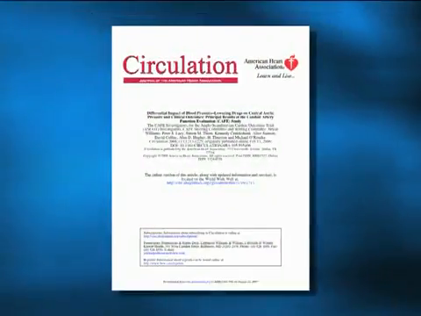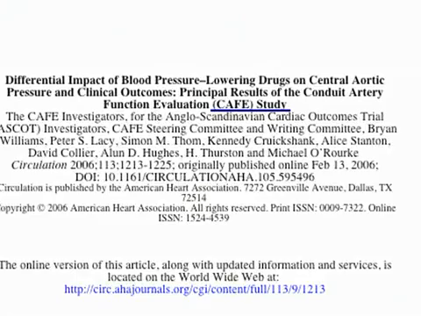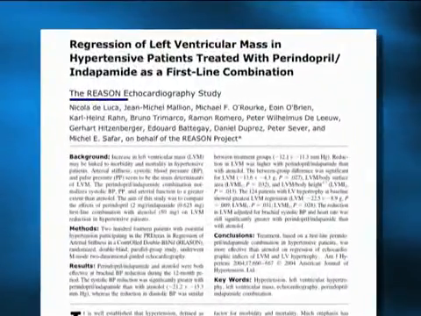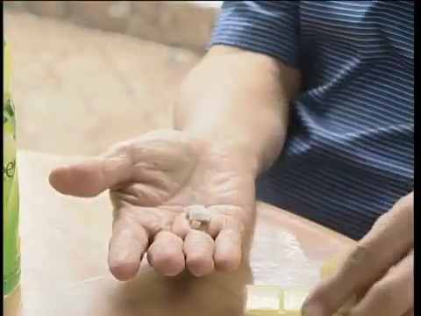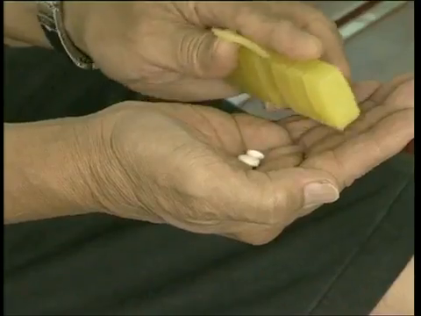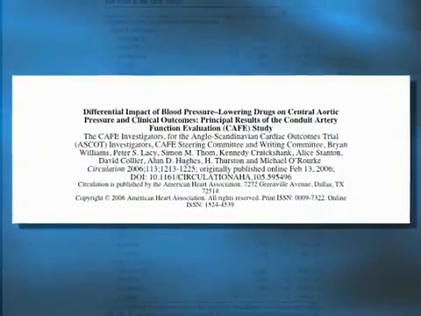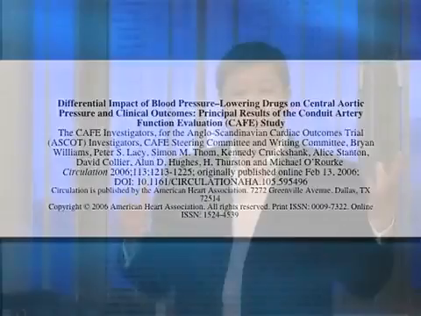What is the significance of having a higher central aortic pressure? There are big studies like the CAFE study. All these studies have shown that different drugs can affect the central pressure differently. For example, in the CAFE study, we have two groups of over 2,000 patients followed up for the next 5 years, with the same blood pressure level kept for 5 years.